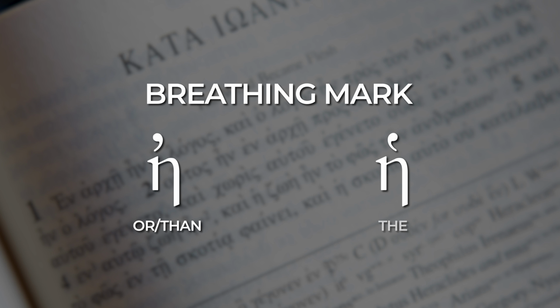Though they are small, breathing marks can influence translation. You will encounter words represented by a single letter. Whether that letter has a smooth or rough breathing mark will designate whether it is one word or another. Be sure to pay attention to them in your attempts at reading and translation.